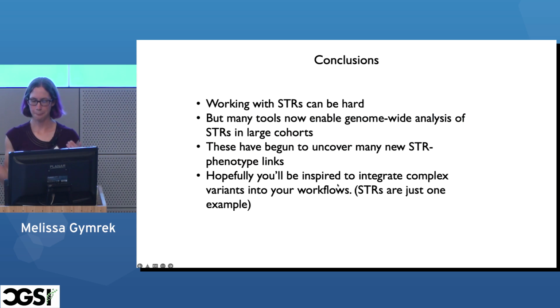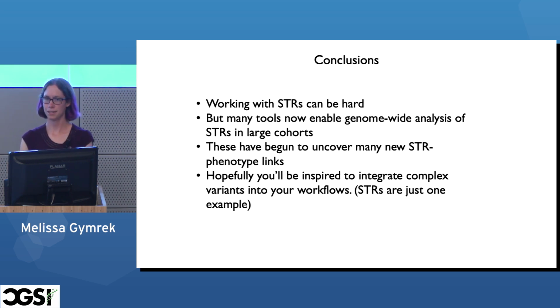Just to conclude, working with STRs can be hard, but we now have tools that enable us to do some cool analyses of STRs in large cohorts. We've started to apply these to learn some cool new biology and some new STR phenotype links.